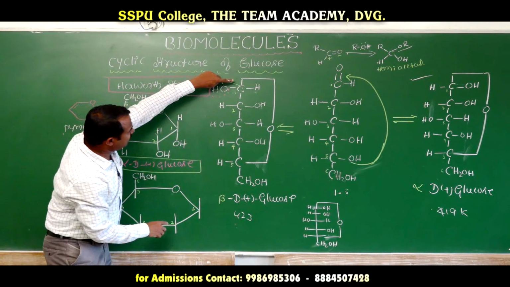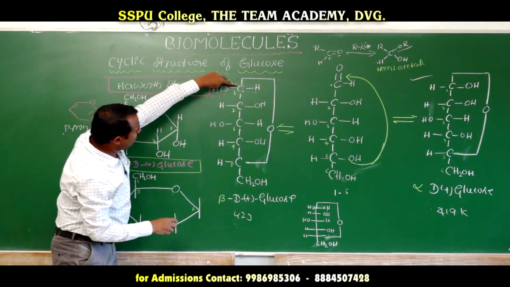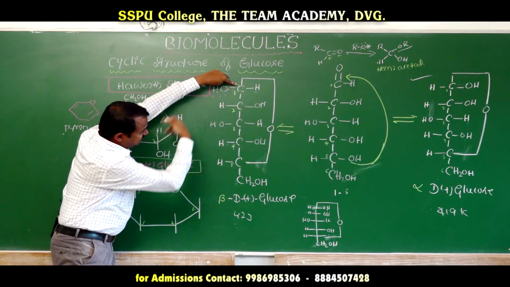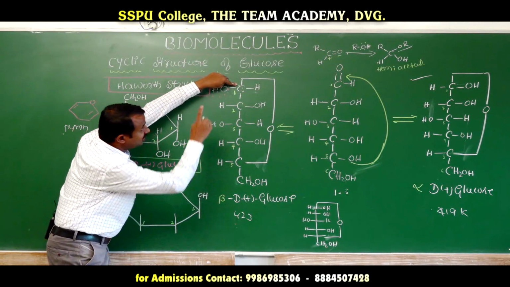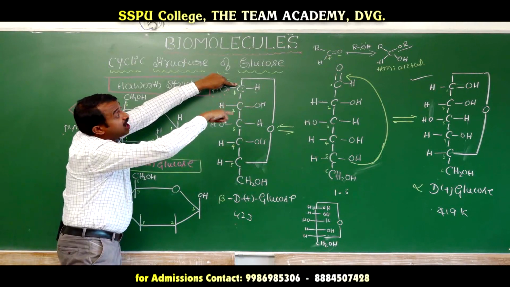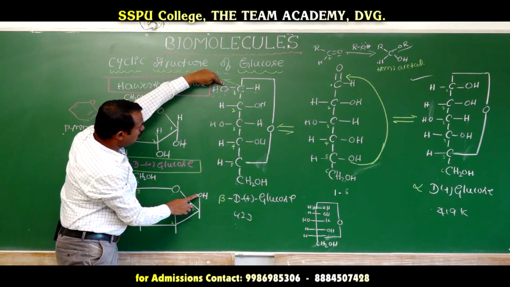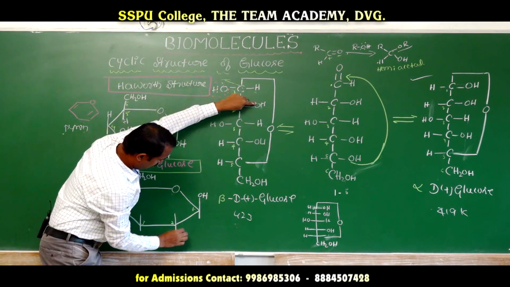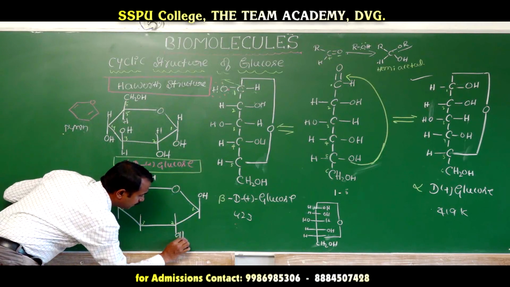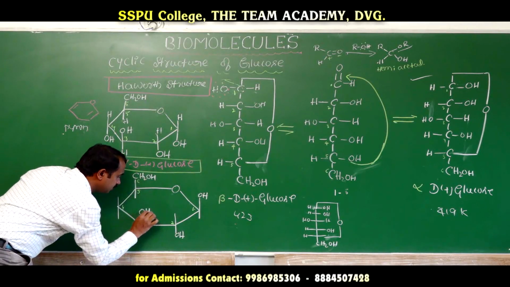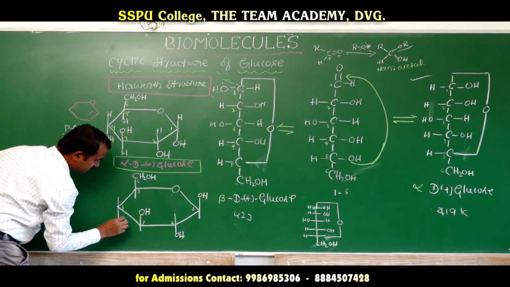Here, at the C1 carbon, if the hydroxy group is on the left side, you have to write OH above; for alpha, the hydroxy group is on the right side. Next one is below, next above, then OH here, and again the hydroxy group here.